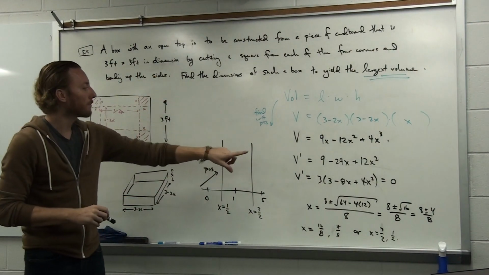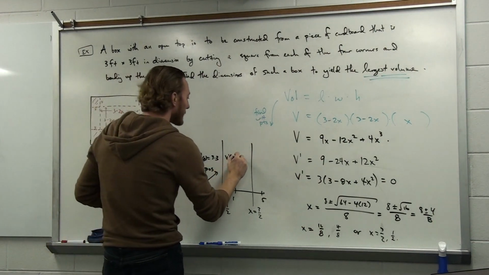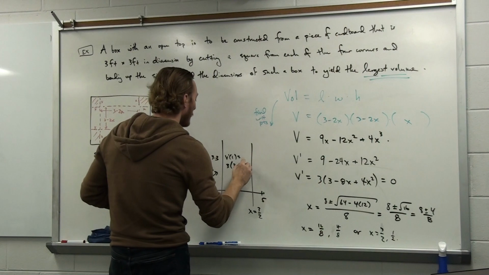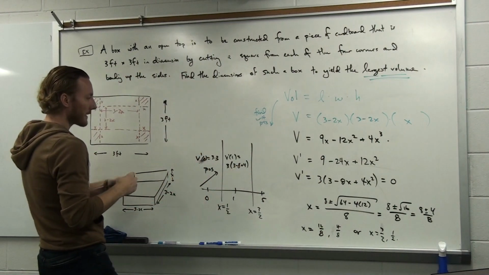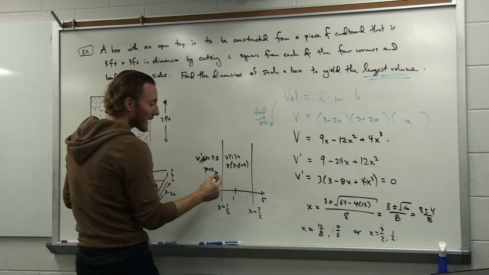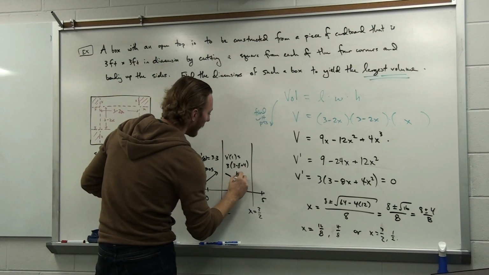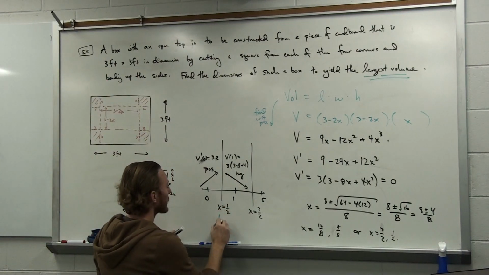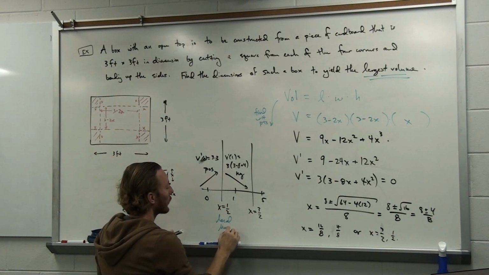So to do this, plug in 1 here. This is going to be 3 times 3 minus 8 plus 4. That's 3 times minus 1, that's a negative. And the function's going downhill. And hey, we've already got validation of the fact that we've got a local max here.